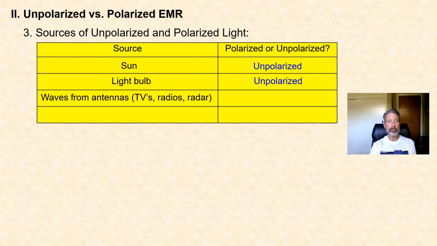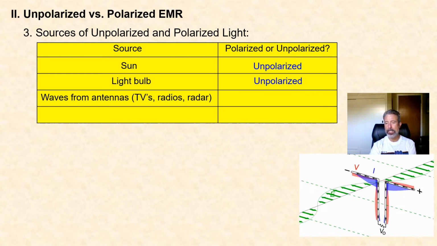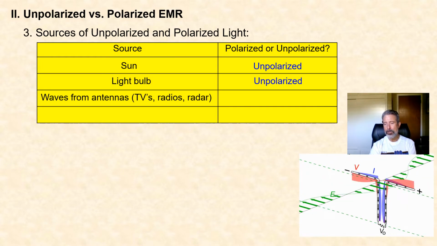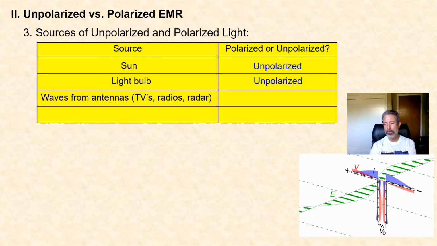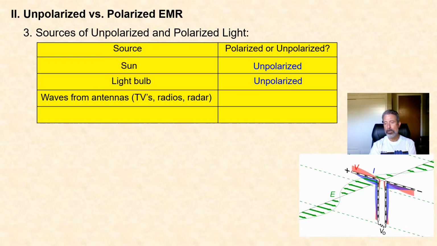What about waves from antennas like TVs, radios, or radar? This example kind of nicely shows, and this is something that we talk about in greater detail, the half-wave antenna in Physics 103, but the simulation nicely illustrates the fact that the electric field for these electromagnetic waves generated by this antenna are always in a single direction, a single dimension.